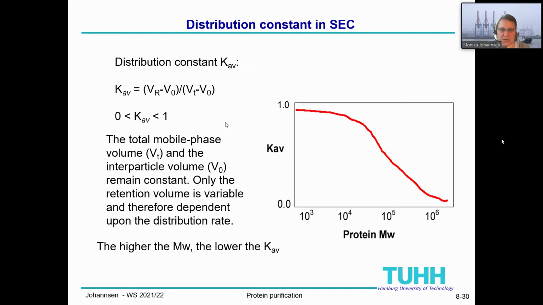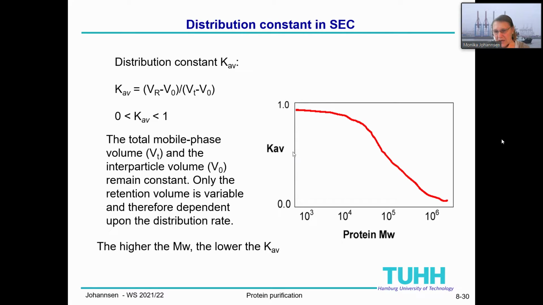So if we know the retention volumes, the interparticle volume and the total mobile phase volume, we can calculate the distribution constants. K average here is always between 0 and 1.